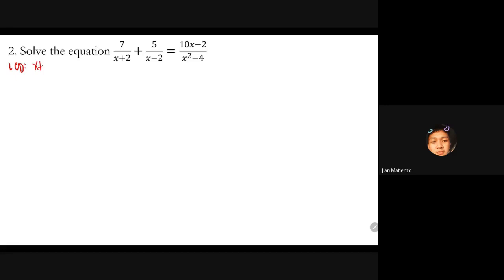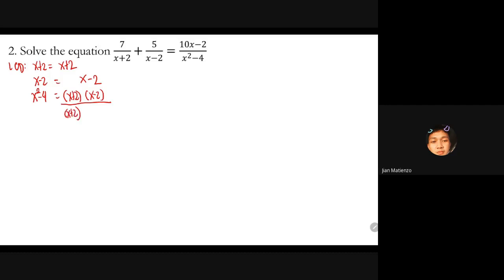So x plus 2 can no longer be simplified kasi prime na siya. And then x minus 2, hindi na rin siya masimplified kasi wala na siyang factor. Samantalang yung x squared minus 4, meron siyang factor na x plus 2 and then x minus 2. Tingnan natin yung magkakaparehas, isa lang yung kunin.